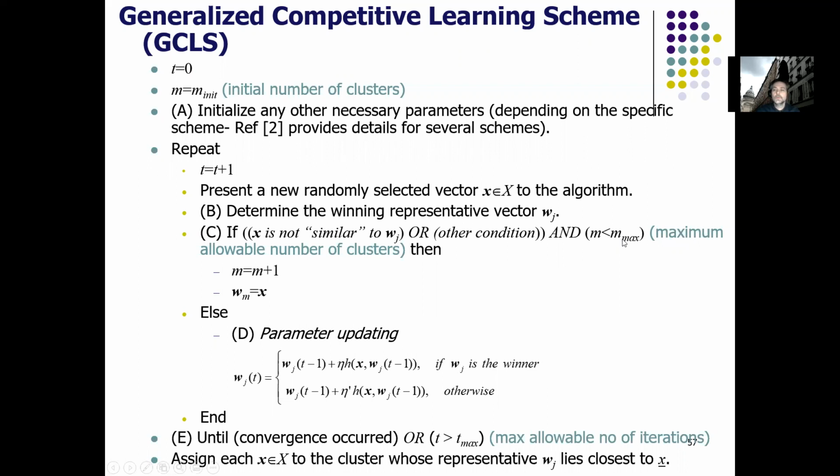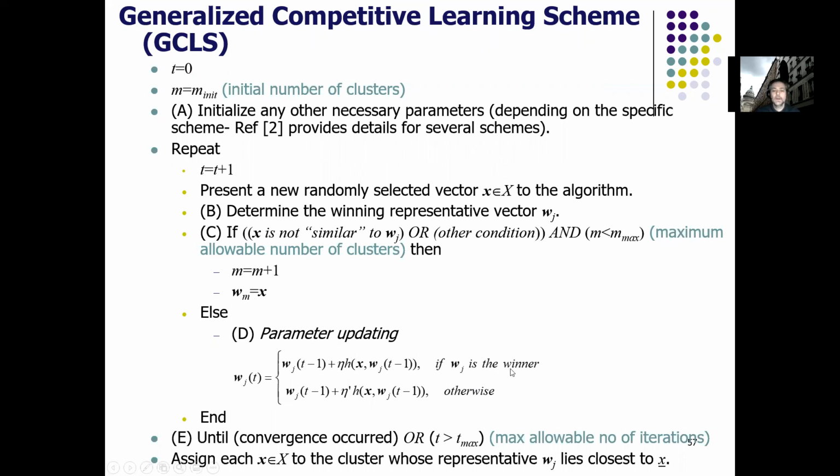Many times we have a maximum number of clusters, because it's possible to specify a maximum number of clusters and leave the algorithm to discover whether this number is necessary or not. So you set an upper limit to the number of clusters that you allow the algorithm to generate. Then there is a phase of parameter updating. In this case, you can see that there are two ways.